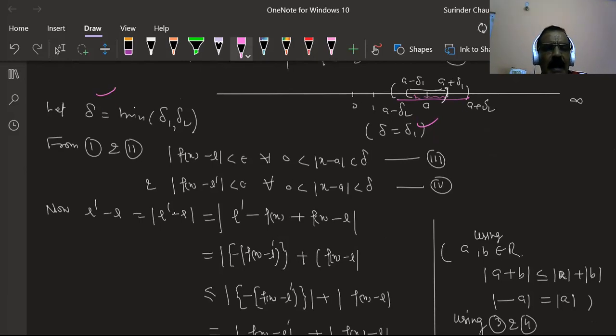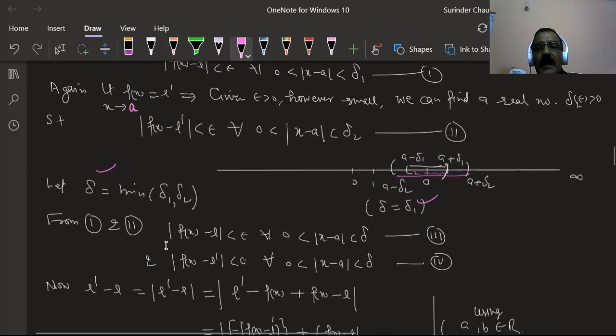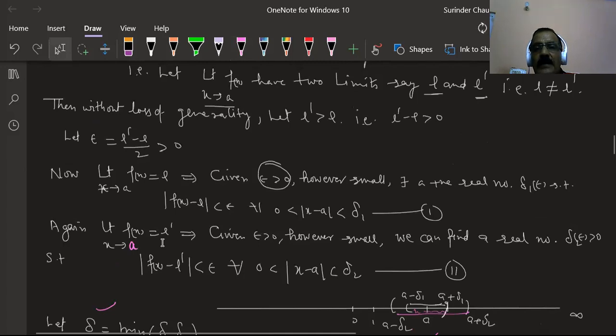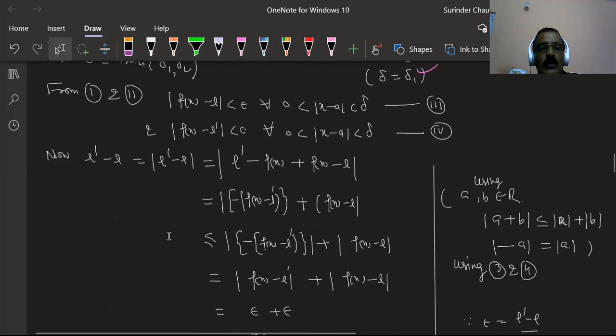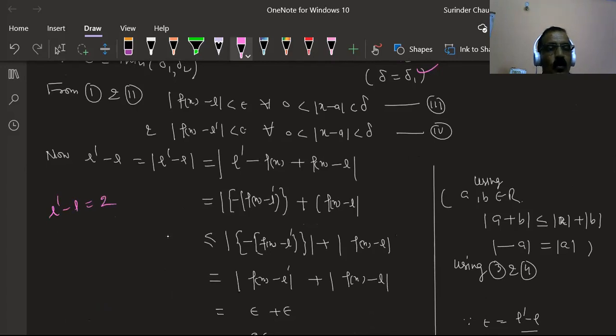Let us take L' minus L, because this is a positive number, so this can be written as modulus of L' minus L. If L' minus L is equal to 2, then modulus of L' minus L is again 2.